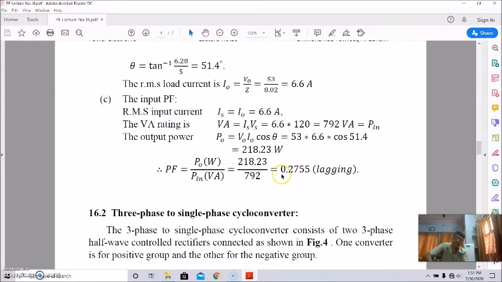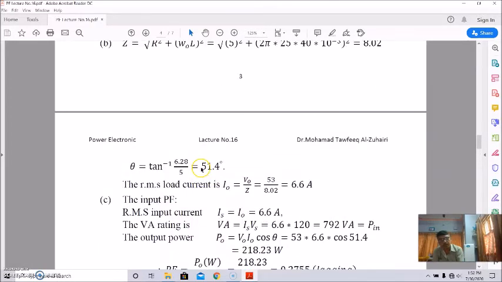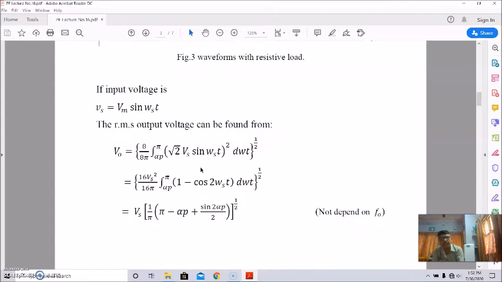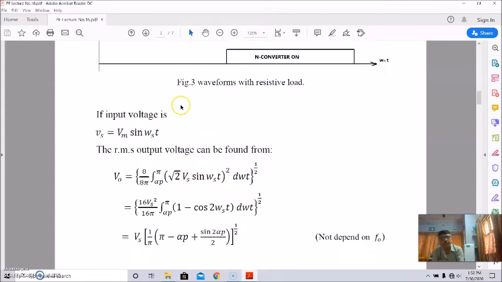This example will clear your idea about single phase cycloconverters. Now we'll discuss the three-phase to three-phase cycloconverter. Before going to that, once again I am telling you, we have discussed a problem here with these values.